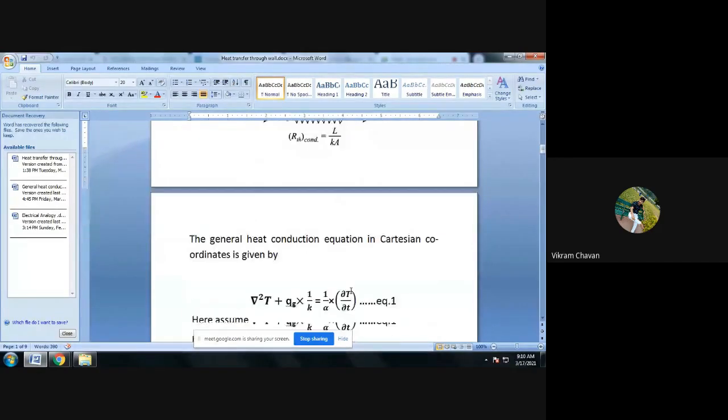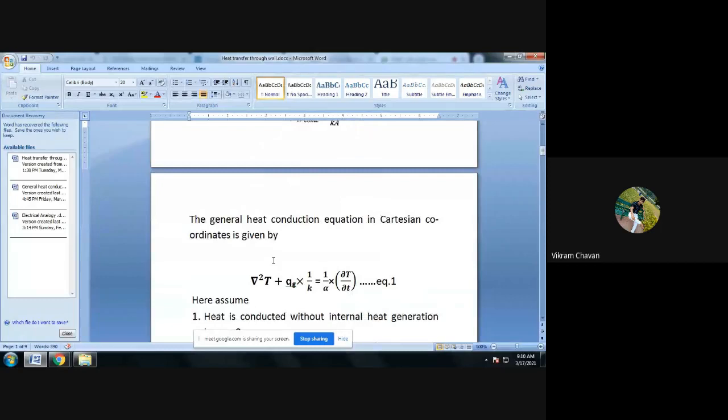Okay, now further we have derived that equation on the basis of the general heat conduction equation in the Cartesian coordinate system. So why are we using the Cartesian coordinate system for the wall? Because the wall is a kind of rectangular geometry, and every point on the wall can be pointed out by using x, y, z directions, or the x, y, z coordinate system.